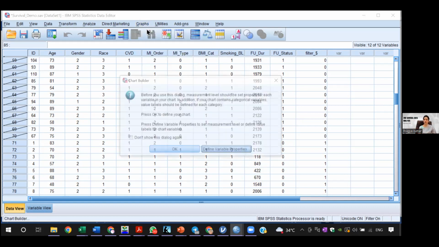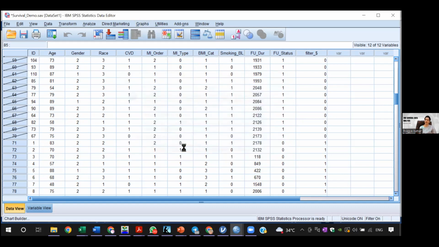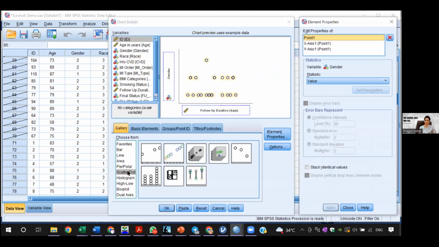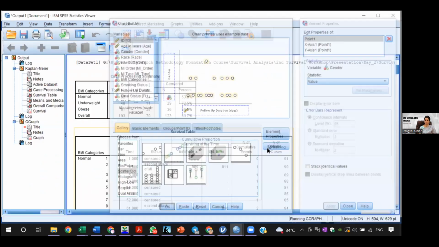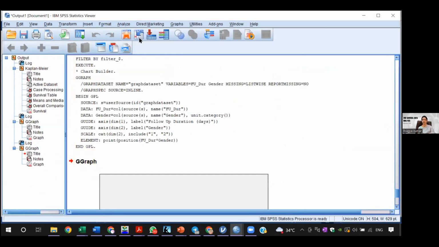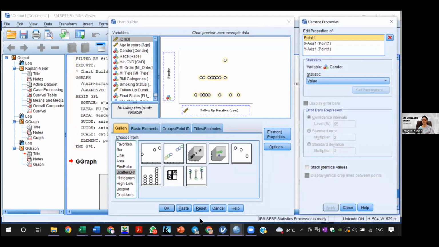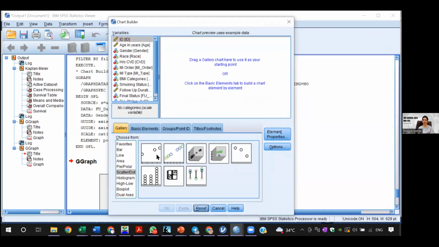So I'll go to the Chart Builder. Then I'll select a scatter plot. Actually, I have to reset this. I have selected this scatter plot and I have pressed OK.